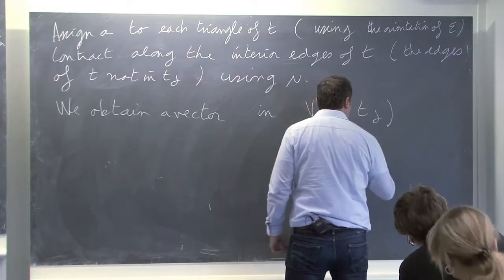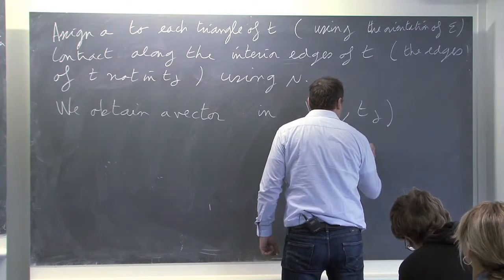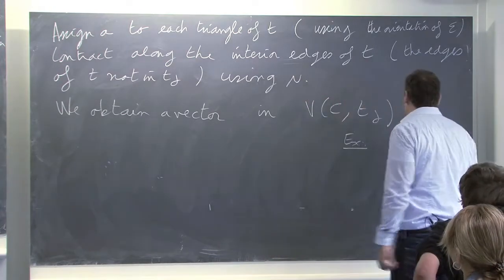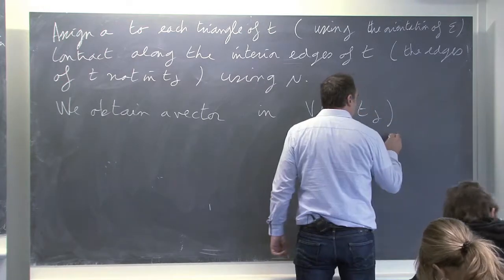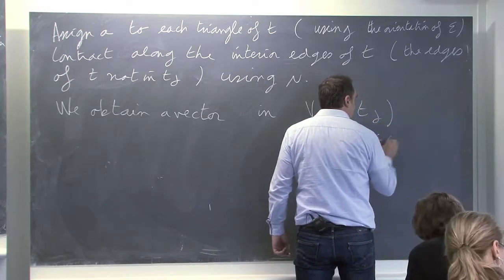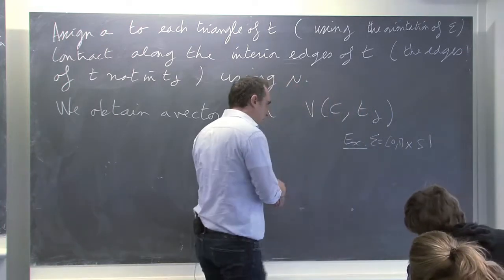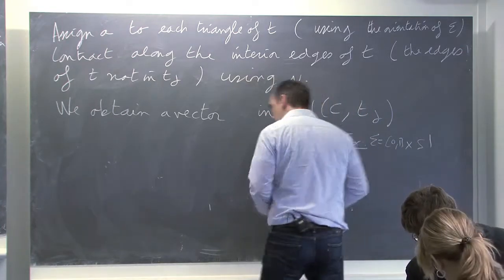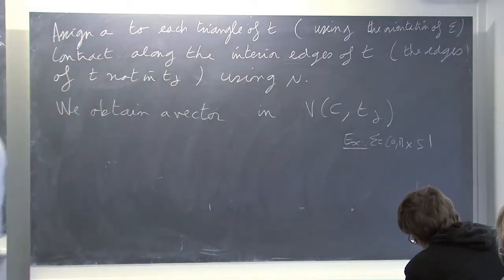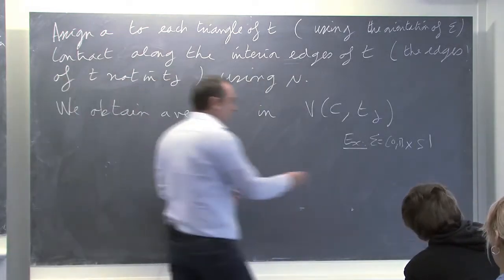So for example, let's see the example. Say Sigma is the cylinder. So we have seen this triangulation.